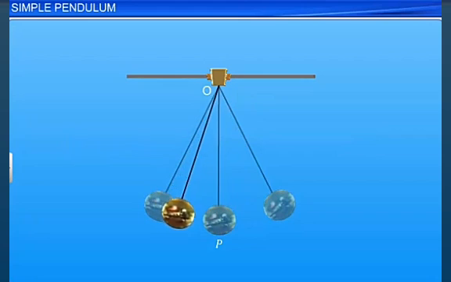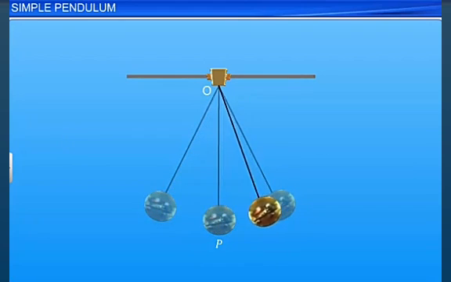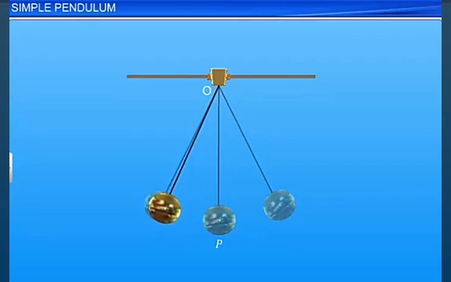The first law of the simple pendulum states that the period of oscillation of a simple pendulum of constant length is independent of its amplitude, provided the amplitude is small. Let us conduct an activity to verify the first law of the simple pendulum.